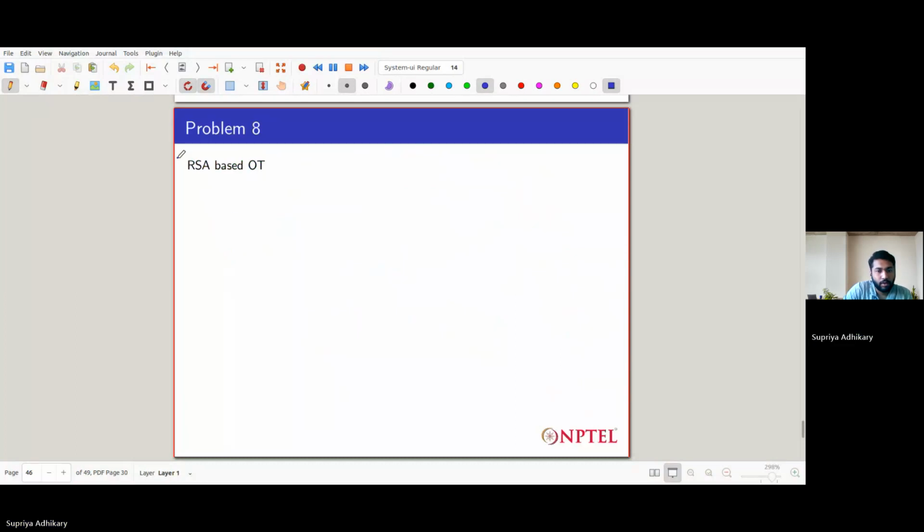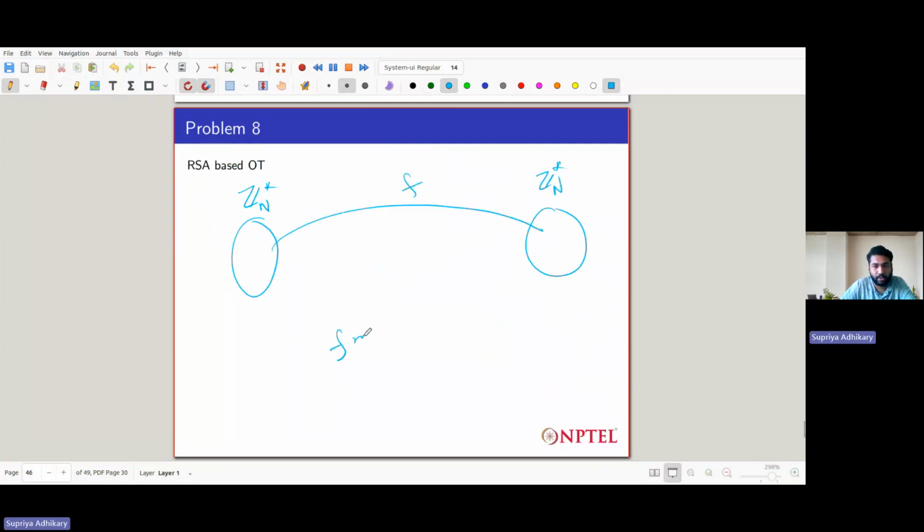Now let's talk about the RSA based OT, the oblivious transfer, the RSA based bit OT. As we have seen, the RSA problem was like this. We have Zn star, and we have the function f. The function f works in this way: x to the E mod n. So if this is our function, then this is a one-way function.